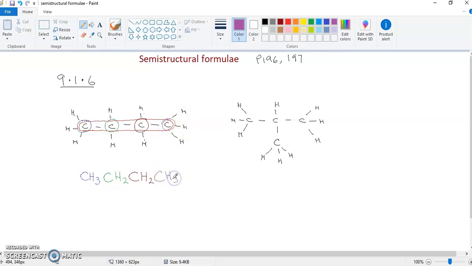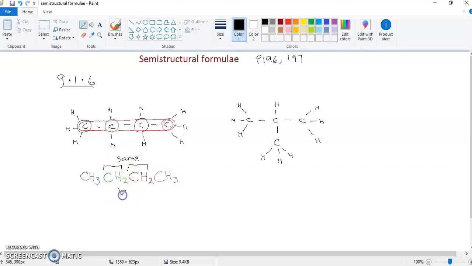So this is another way of showing the structure. And if we understand that all of these carbons are joined together with at least single bonds between them, then from this we can get this structure as well. Another thing we can do is see that this part here and this part here are exactly the same, and this only works when they're right next to each other.